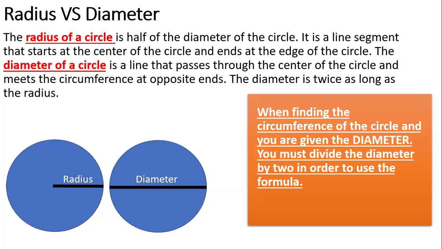The diameter is twice as long as the radius. Very good. So if I give you the diameter, in order for us to find the radius, all we need to do is divide by 2. So remember that for these questions.